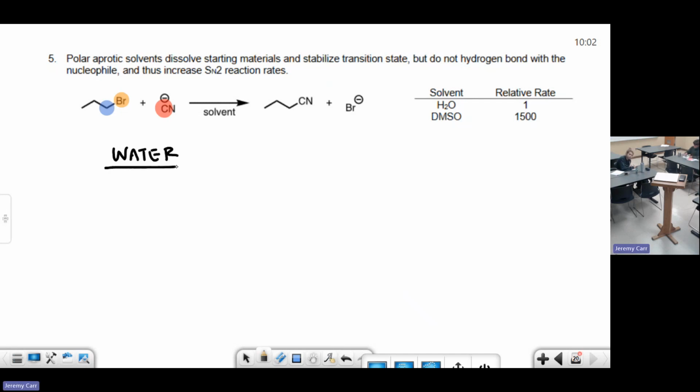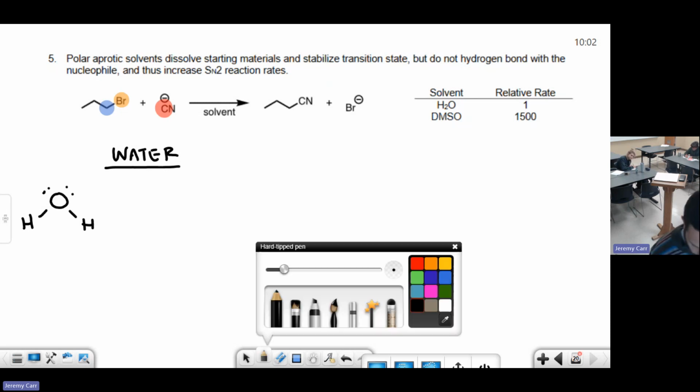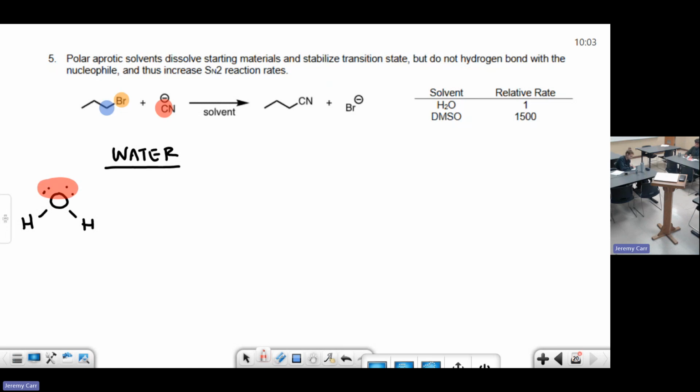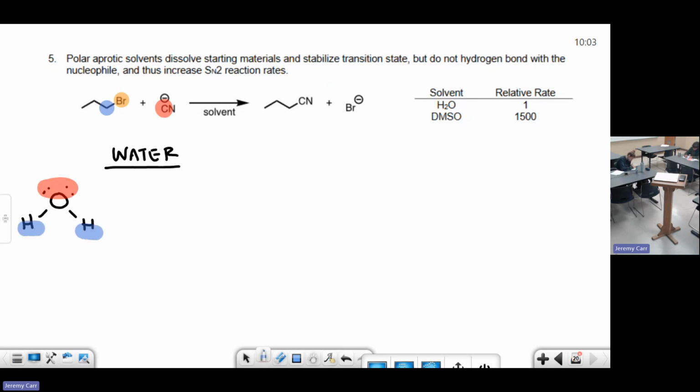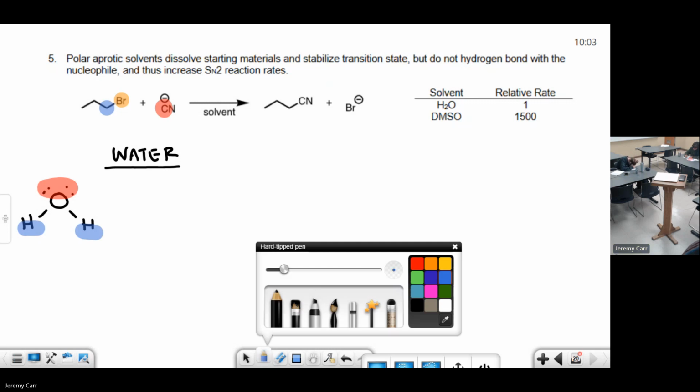And if you kind of think about what the structure for water looks like, it's got a general structure that kind of looks something like this. And when we think about the structure of water, we want to remember that water is very, very sticky, right? So we can kind of think about one side of the molecule as being very electron rich, and then we have another side of the molecule as being electron poor.